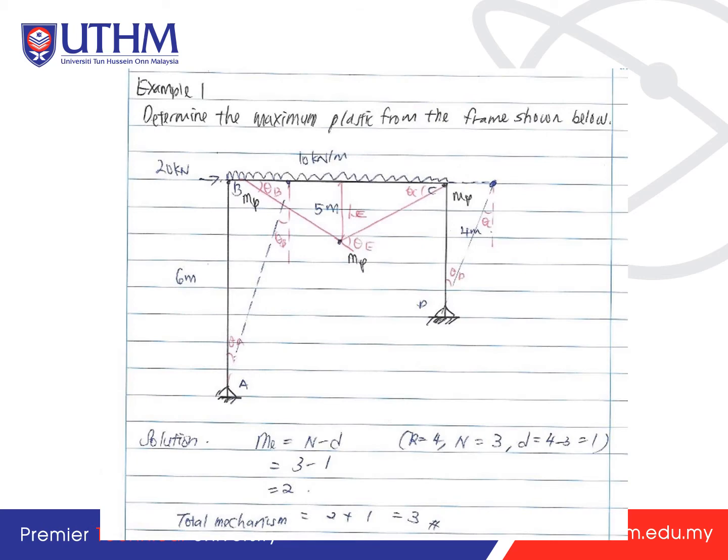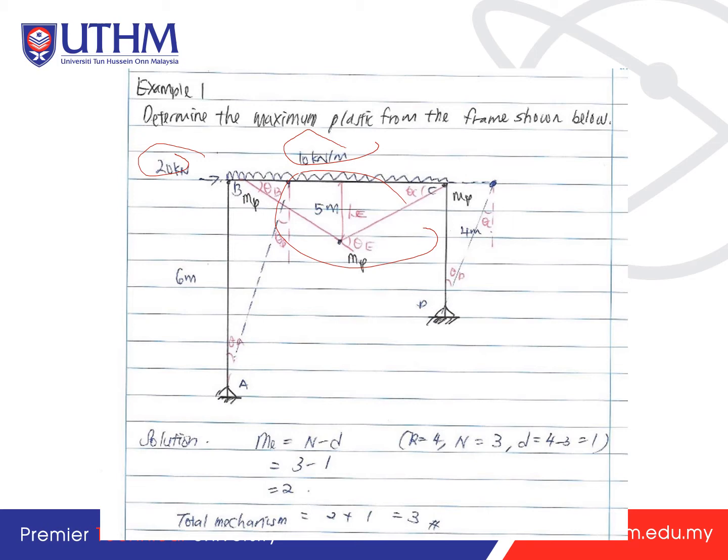As drawn, this is a combined figure that I have drawn. The 20 kilonewton force will cause the sway, and the 10 kilonewton per meter load will cause this shape of frame. First, we have to determine how many mechanisms it has.